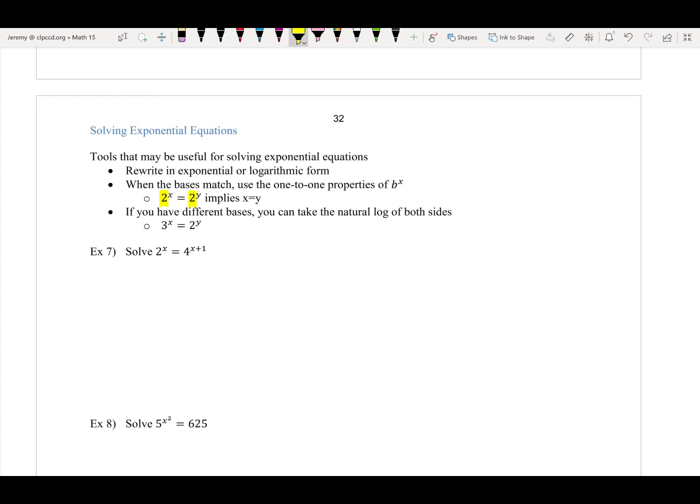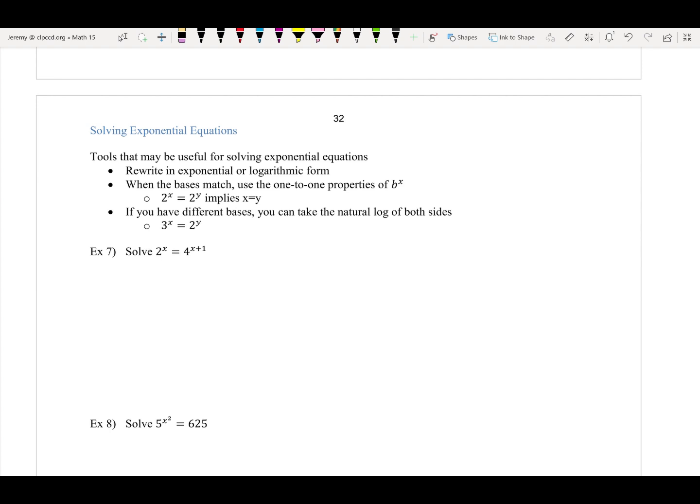And this is really convenient because if we ever have 2 to the x is equal to 2 to the y, the implication is that x is equal to y. This is true because exponential functions are 1-to-1.